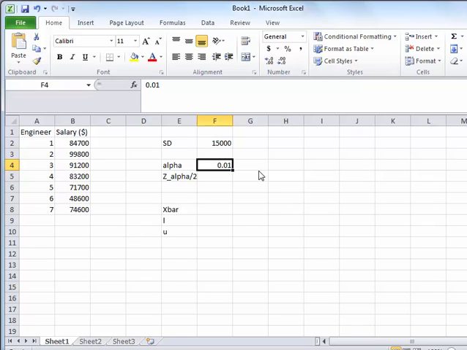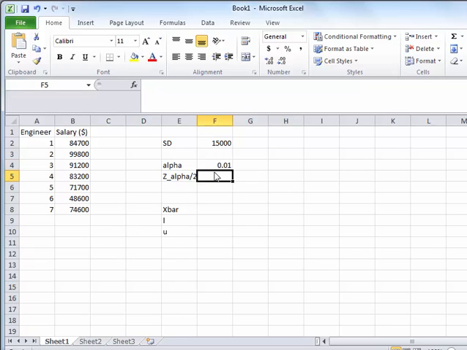Now in a lot of statistical testing, alpha is chosen to be 0.01, it could be 0.05. Those are your most typical values. Sometimes it even goes to an even lower alpha, meaning that we have a higher confidence that the true mean falls in the interval we're looking at.